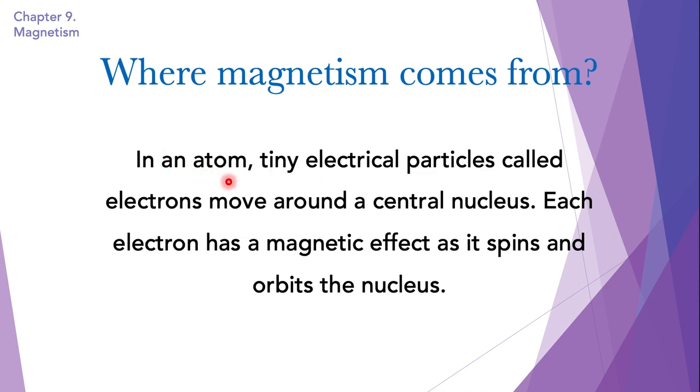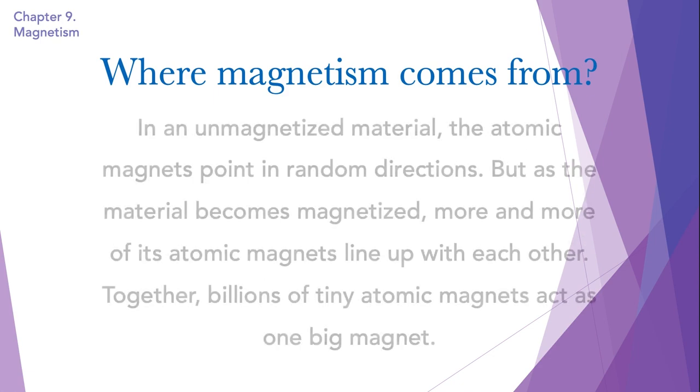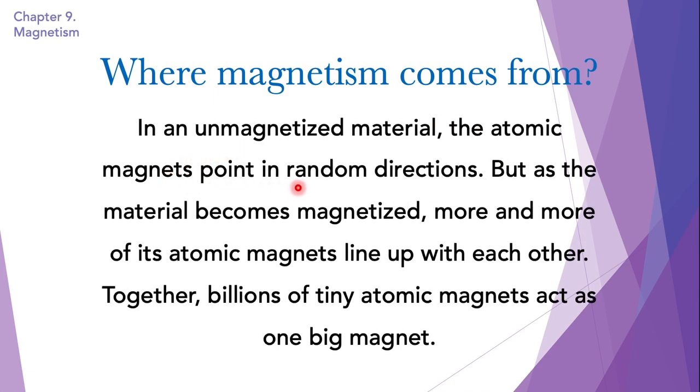In an atom, tiny electrical particles called electrons move around a central nucleus. Each electron has a magnetic effect as it spins and orbits the nucleus. So, in an unmagnetized material, the atomic magnets point in random directions. But as the material becomes magnetized, more and more of its atomic magnets line up with each other.